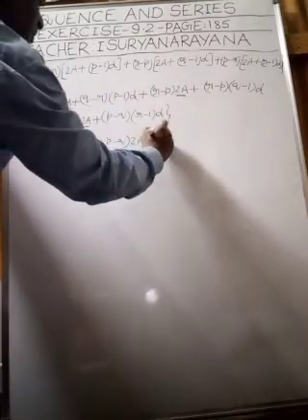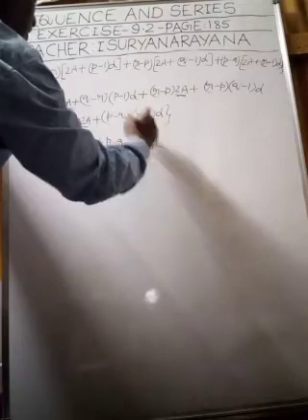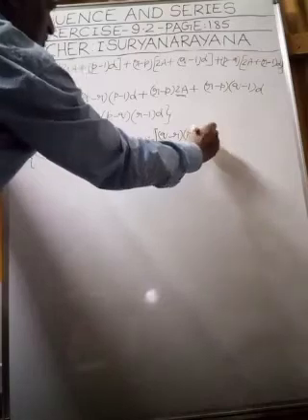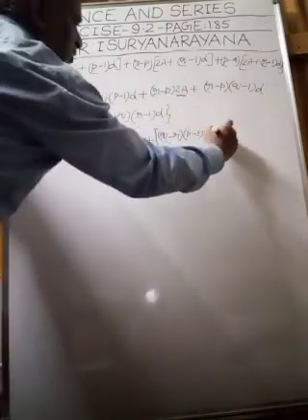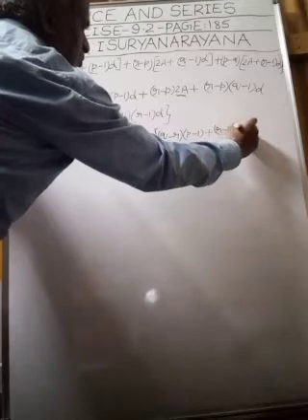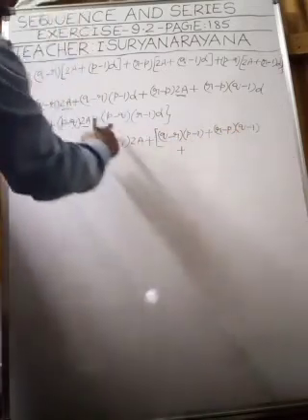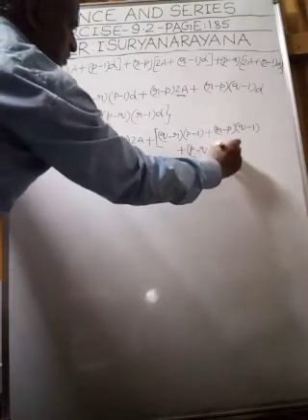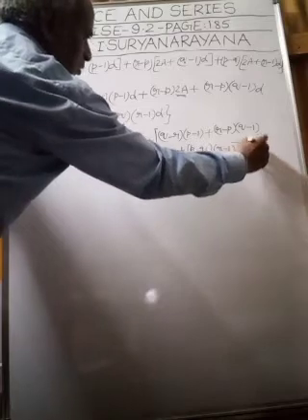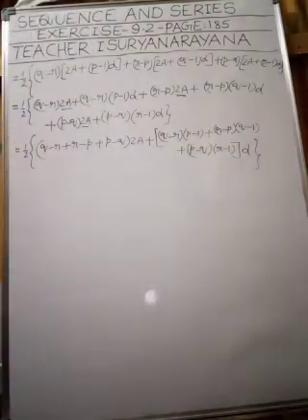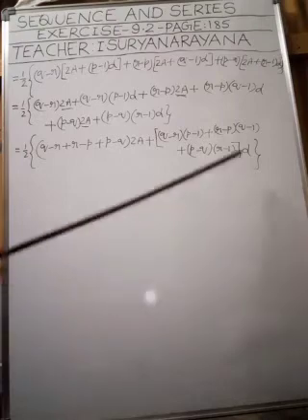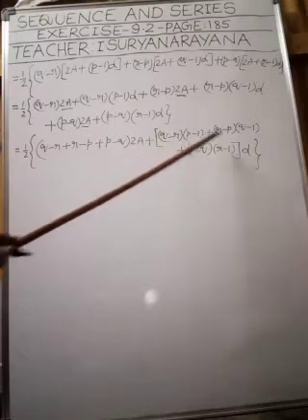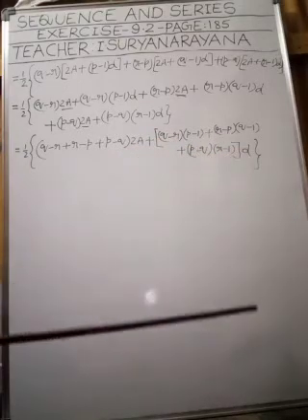Then we get Q minus R into P minus 1 plus R minus P into Q minus 1 plus P minus Q into R minus 1, into D. From the remaining three terms I have taken D as common factor.